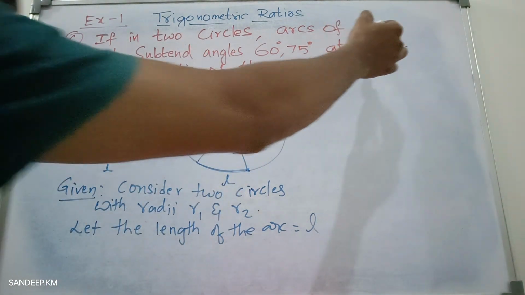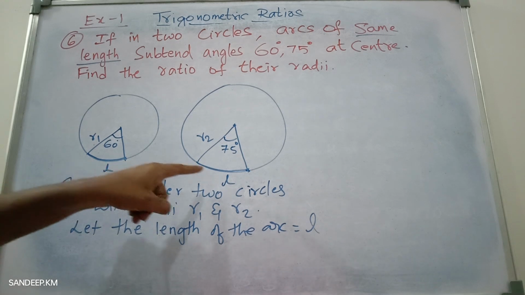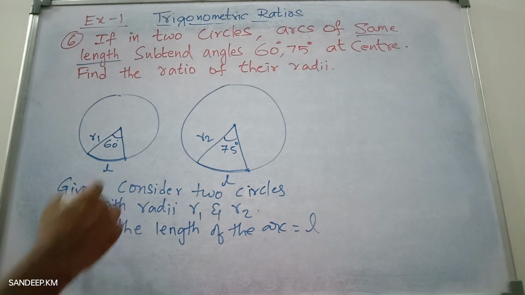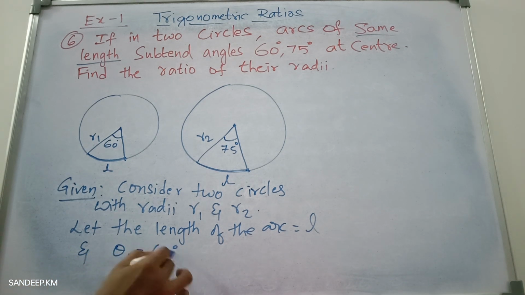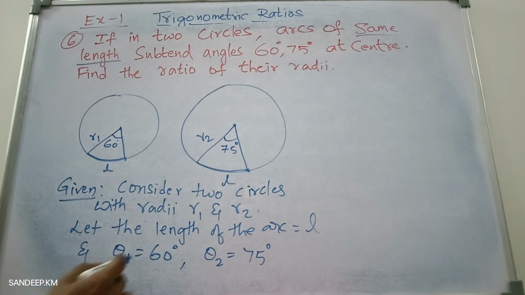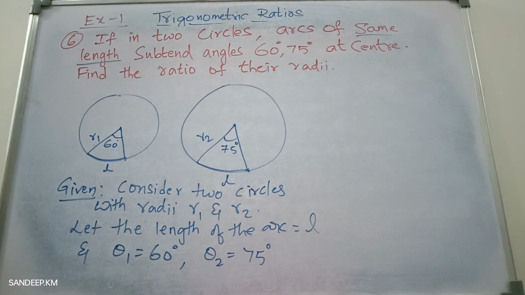In either case, the length of the arc is the same according to the question. Correct or not? Arcs of same length, they told. So here the length of the arc is L, and here also the length of the arc is L. Okay, fine. And theta 1 is equal to 60 degrees, theta 2 is equal to 75 degrees, where theta 1 means the angle in the first circle, theta 2 is the angle in the second circle. Then how do we find R1 is to R2?